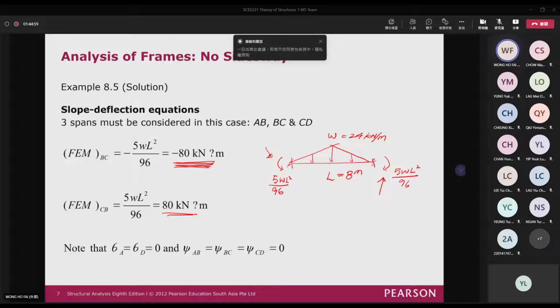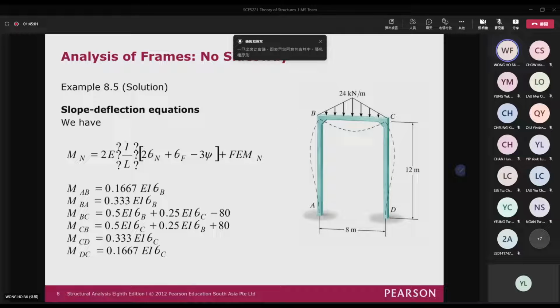So you can write down the equation here. Now remember, this one is just the bracket. For the PowerPoint, sometimes I don't know why it cannot show the bracket. Then you can still use the equation 2EI over L times 2 theta N plus theta F, where theta N is the near side rotation, theta F is the far side rotation, and phi is the deformation of the support.